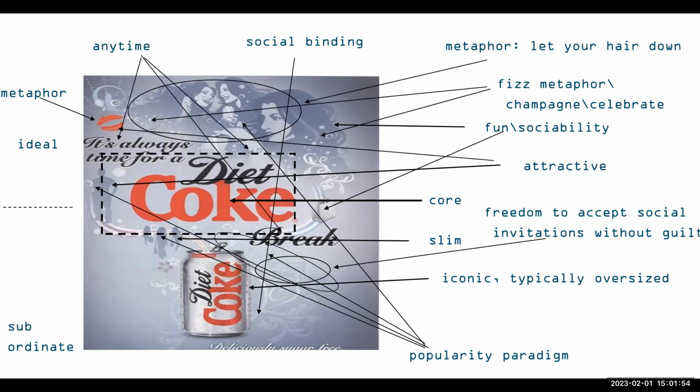So just to show you how each image or each symbol is used to represent a certain meaning. And all of it put together creates a reality for Coke, which again has very focused meanings. It cannot be all over the place. It has to be focused on celebration, fun, sociability, freedom, which is what Coke was about.